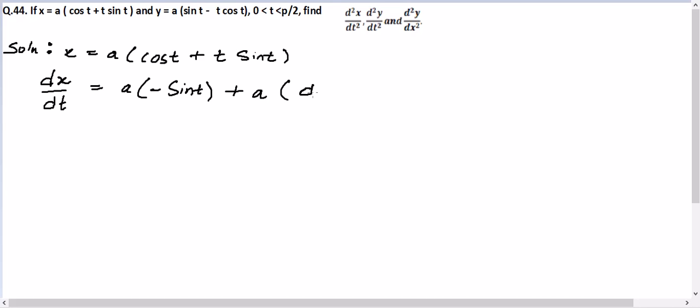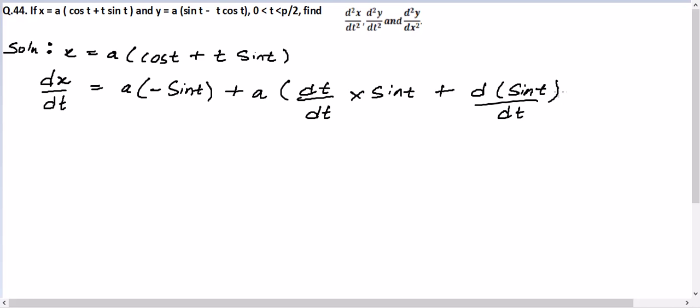So let me write it down first. Derivative of t with respect to t, and then into sin t, plus the derivative of sin t with respect to t into t.